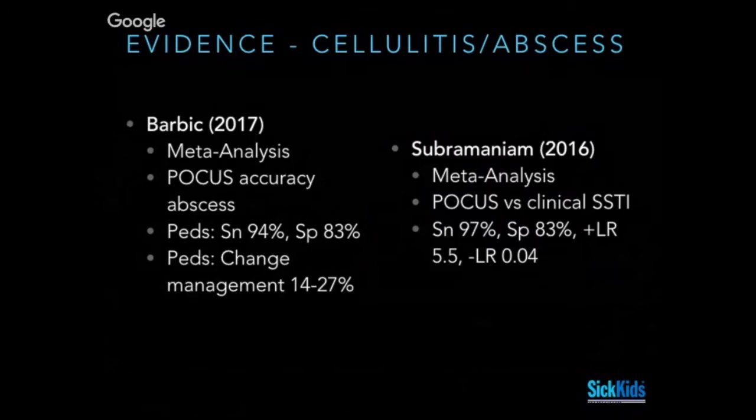Overall, they had a sensitivity of 97%, specificity of 83%, a positive likelihood ratio of 5.5, and a negative likelihood ratio of 0.04. So POCUS overall is more accurate than clinical exam alone, especially, they found, when the exam was equivocal. So it's definitely important to support using POCUS in your soft tissue assessments.